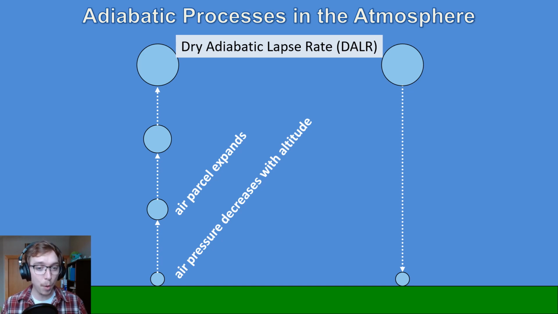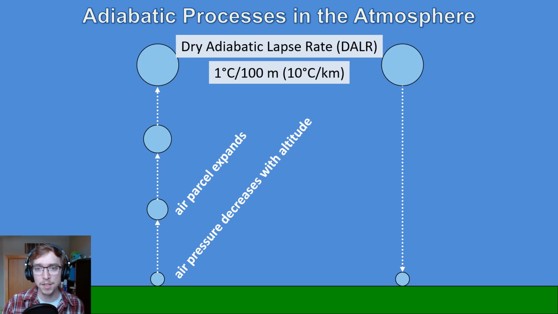But until that point, it is dry or unsaturated is what we consider it. So you will be using, if you're calculating this, the dry adiabatic lapse rate to figure out the rate at which air cools as it rises. Now that rate is more or less understood. It varies, obviously, as all things do in science, but we can estimate, on average, the dry adiabatic lapse rate is a change in about 1 degree Celsius for every 100 meters, or 10 degrees Celsius per every kilometer, the air parcel rises into the atmosphere.